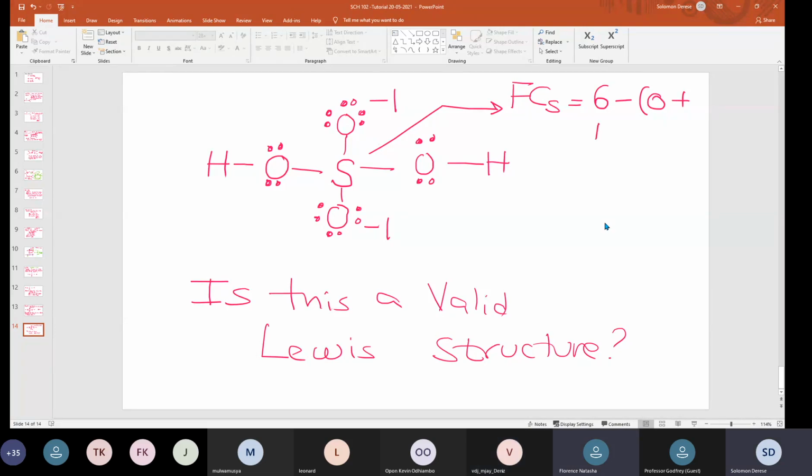How many are the bonding electrons? 8, because there are 4 bonds. Now let us do the calculation. This is 6 minus 4, which is +2. So the charge on the sulfur is +2.